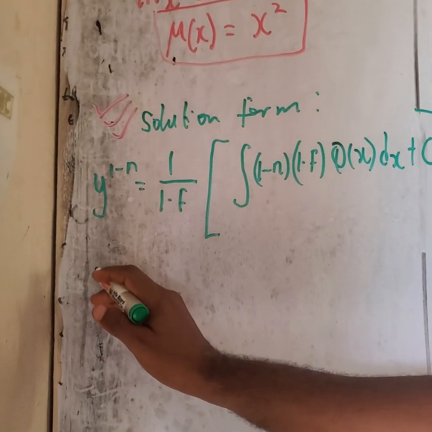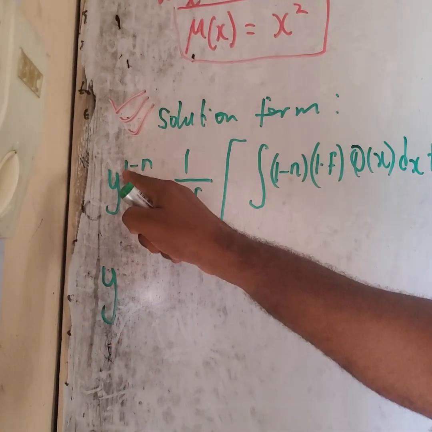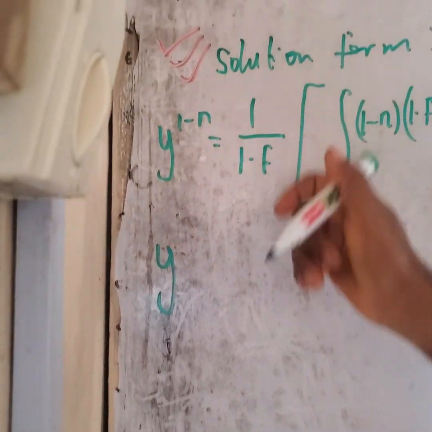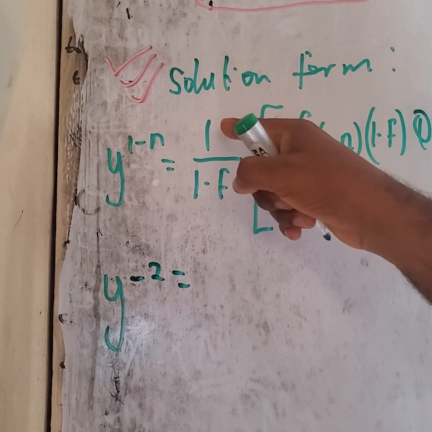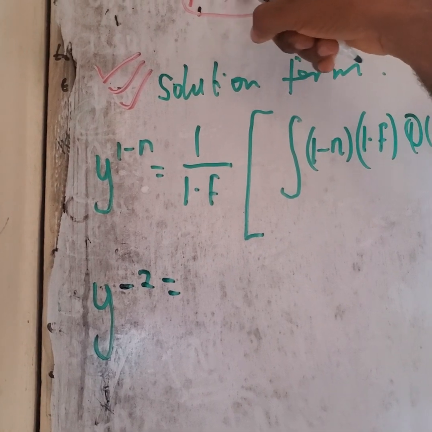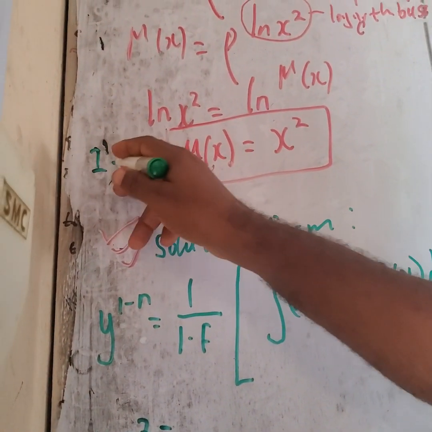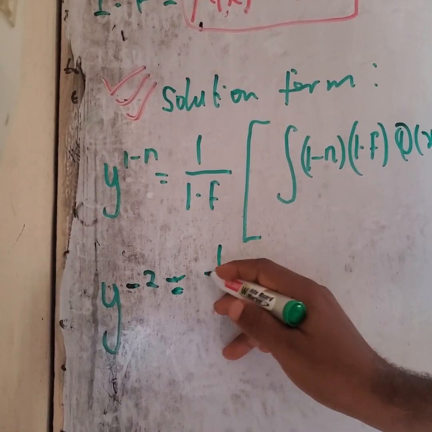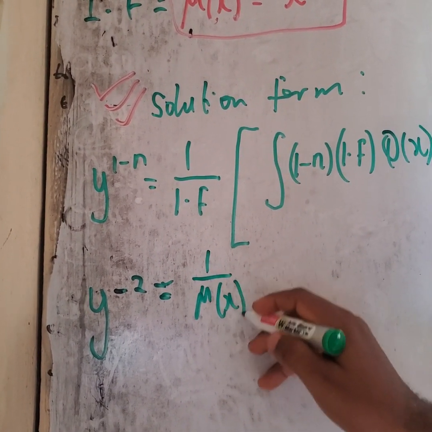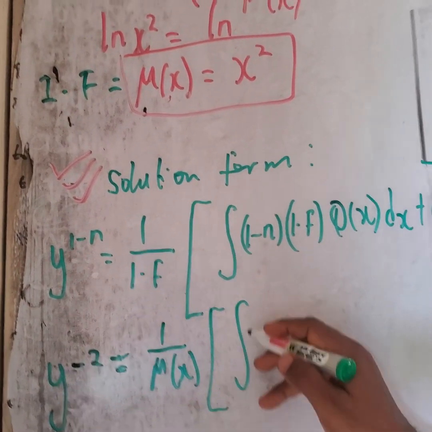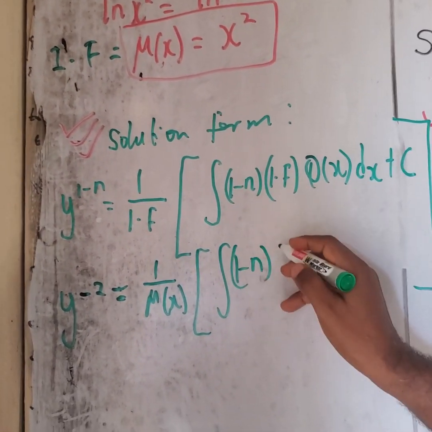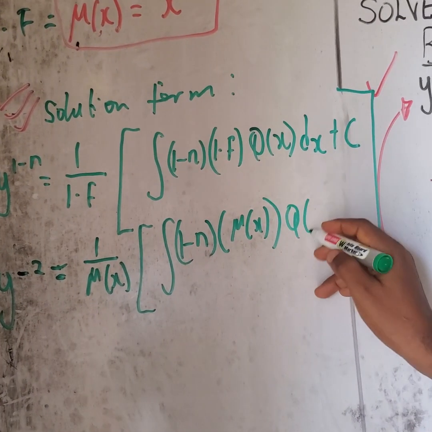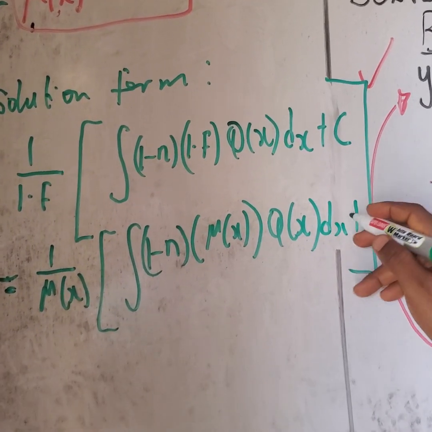Now, our solution will be of this format. Our n is 3, as I've already indicated. So 1 minus 3 will give us minus 2 here. Then the integrating factor that we have is this mu. That is 1 all over mu of x multiplying integral of (1 minus n) times mu of x, times q of x dx plus c.